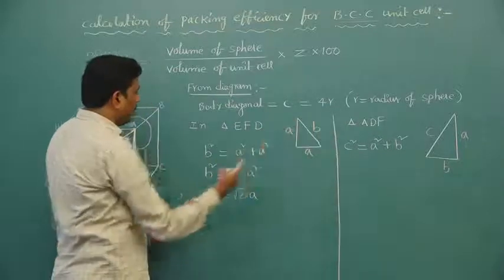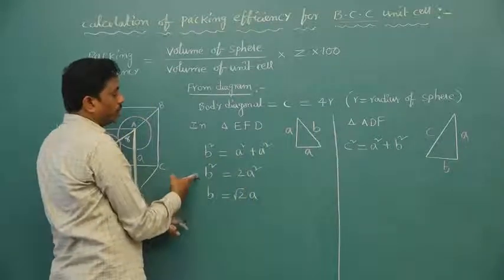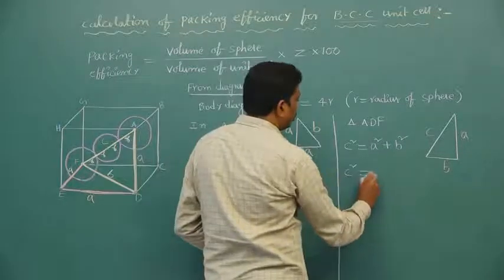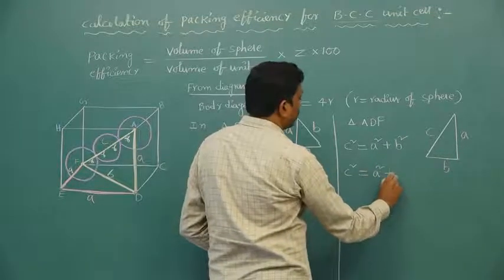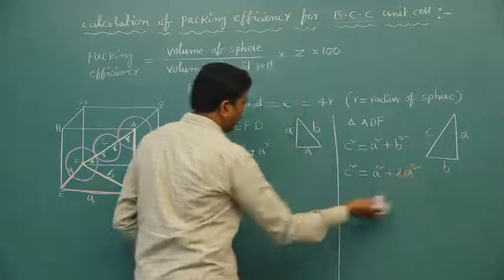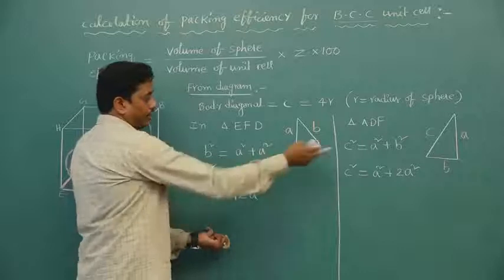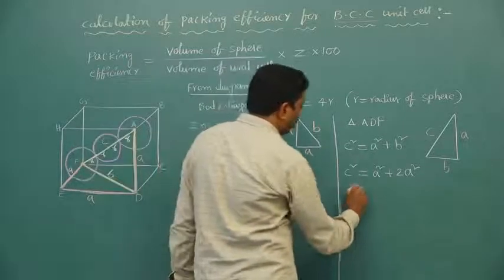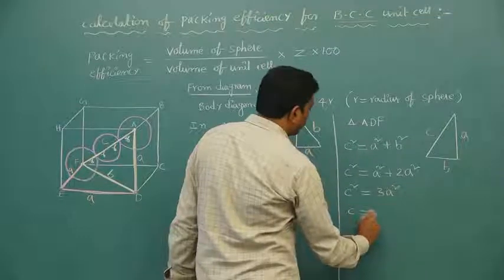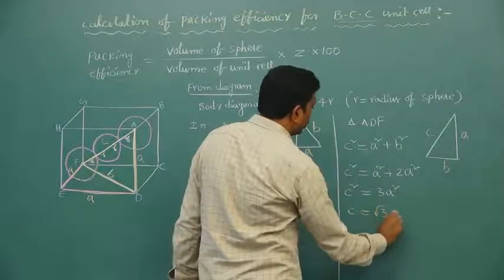We already derived B square is equal to 2A square, so C square equals A square plus 2A square. So C square equals 3A square, and C equals root 3 A.